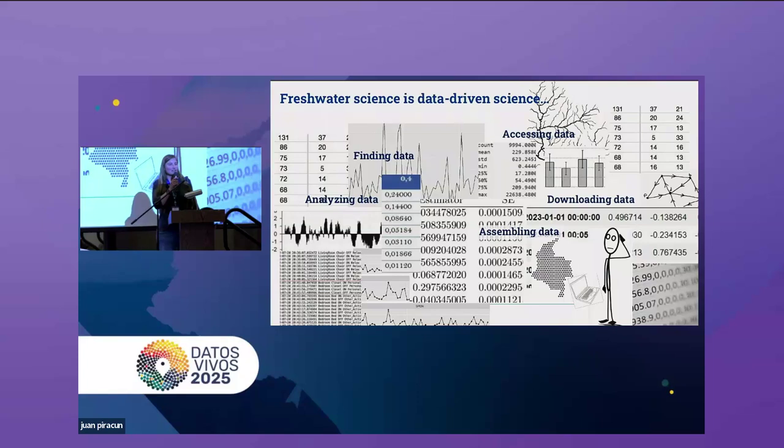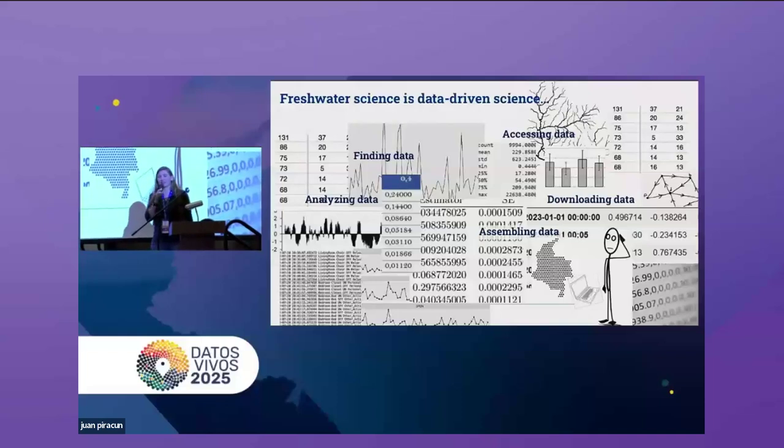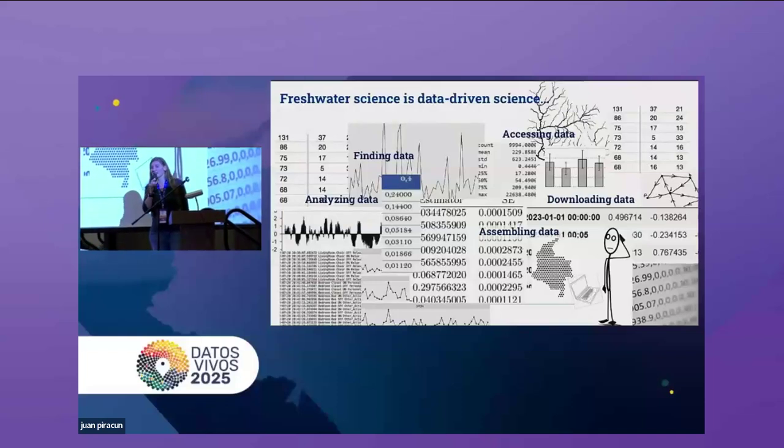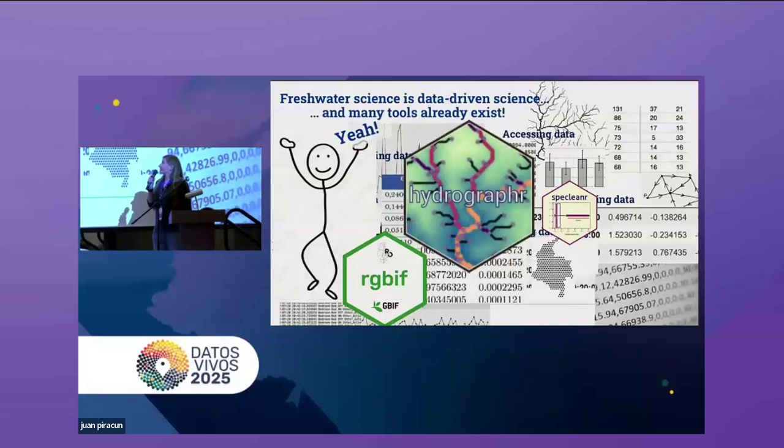So we saw before that freshwater science is data-driven science, it's data-intensive science. So you need to find a lot of data, you need to access it, you need to download it, and you need to handle it in some programming language, probably R or Python in this room. And the nice thing is that a lot of tools have already been developed for freshwater analysis.